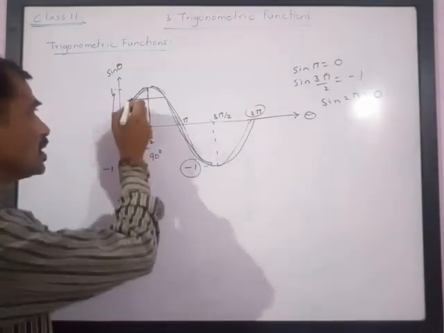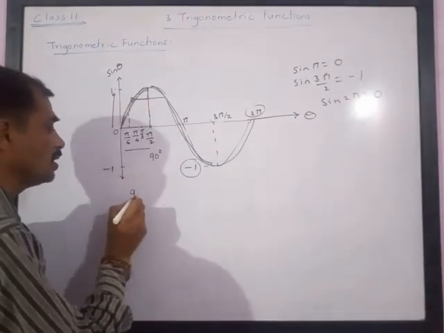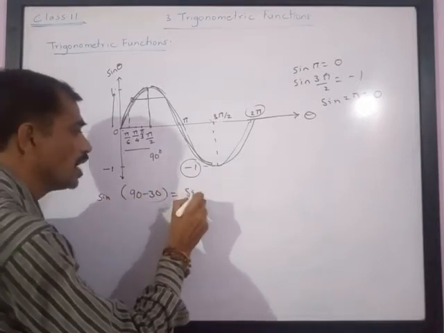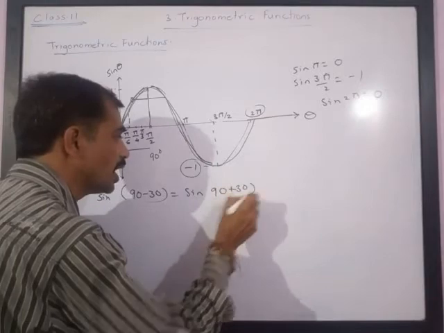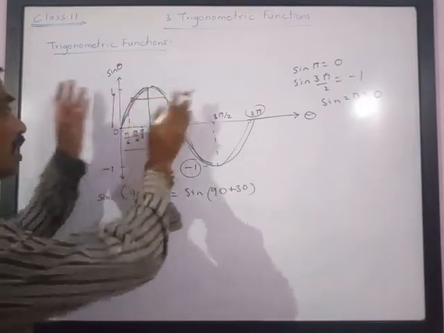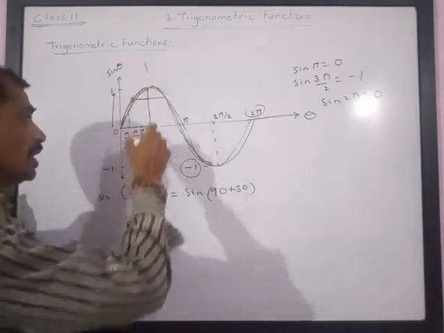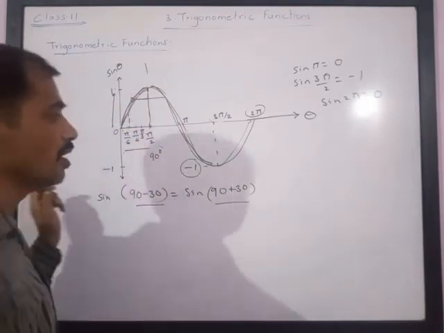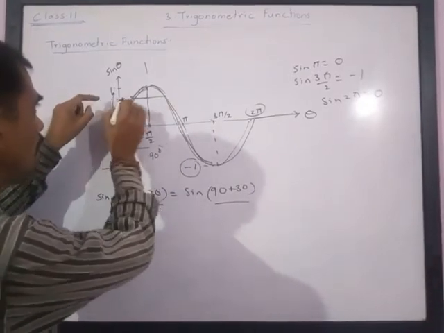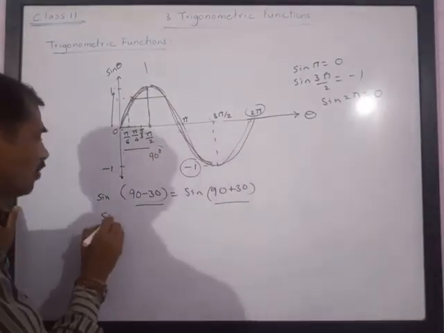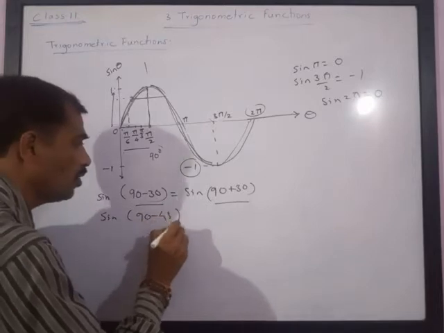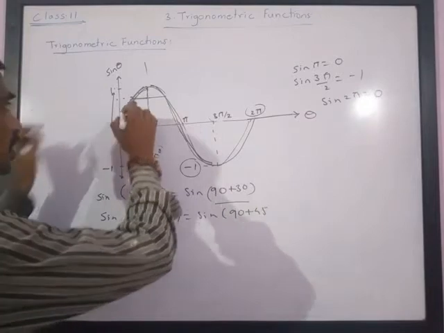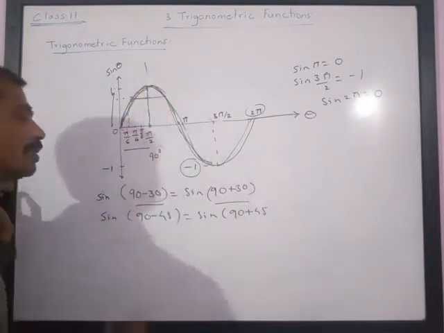It means sine of 90 minus 30 is equal to sine of 90 plus 30. Please try to understand. Since the curve is symmetric about pi by 2, that is 90 degrees, we can say that sine of 90 minus 30 is equal to sine of 90 plus 30, because these values are going to be the same. If you take sine of 90 minus 45, it will be exactly equal as well. Since the graph is symmetric, these curves are exactly symmetrical.